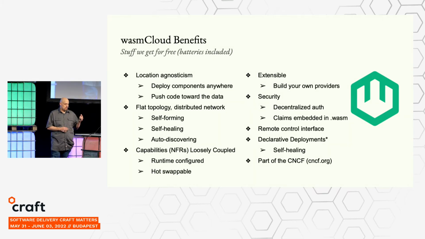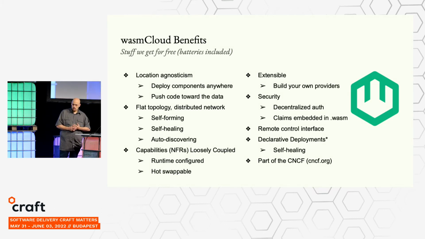And the way wasmCloud works is everything that a WebAssembly module is allowed to do is embedded in a cryptographically signed JSON Web Token inside the module. So there's no central authority, and so I can securely deploy and manage these modules even during network partition events.